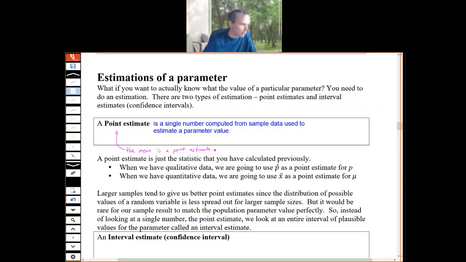So the mean is a point estimate when it's used as an estimate. The two types of point estimate that we can talk about: if I have numeric data, I'm going to use x bar, which remember is the sample mean, as a point estimate for mu, which is the population mean.